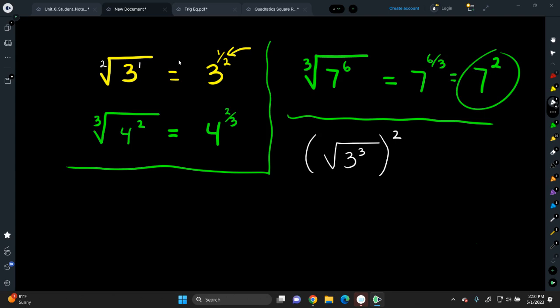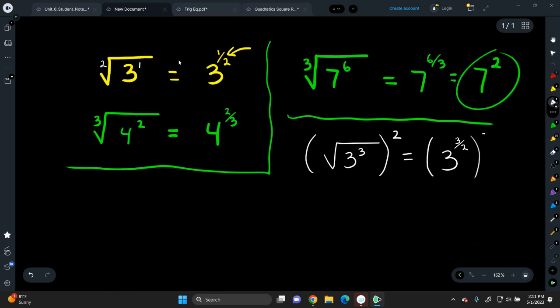Okay. So let's do what's inside the parentheses first. How do we rewrite the square root of 3 to the third in exponent form? Yes, it would. Yes. And then squared.